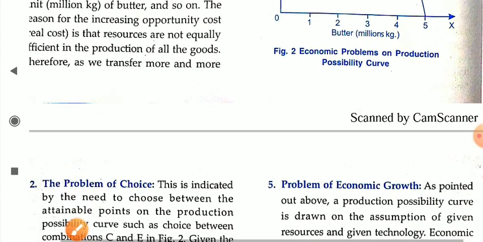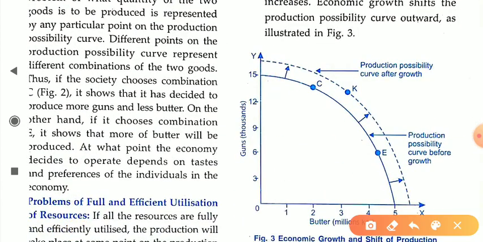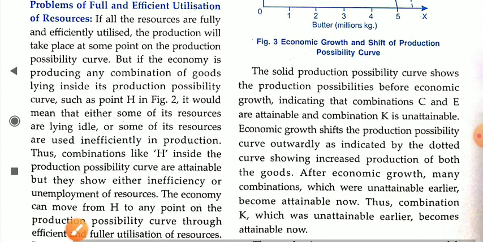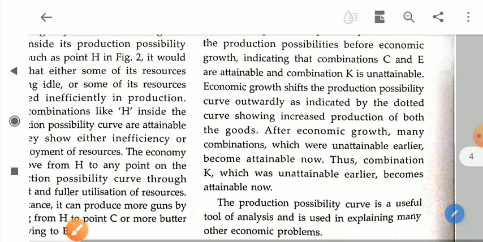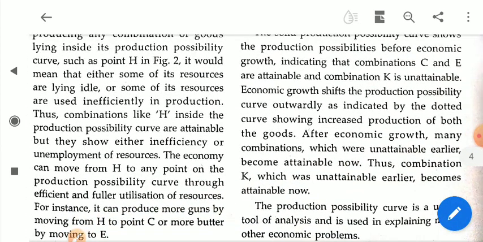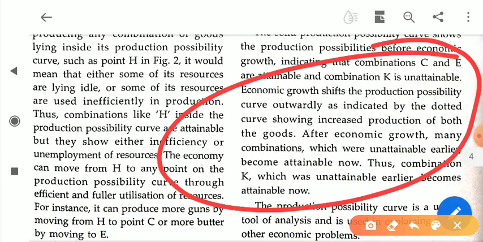But after growth, you can see that point K is possible to achieve because our PPC curve has shifted. So economic growth shifts the production possibility curve outward, as indicated by the dotted curve, showing increased production of both goods.